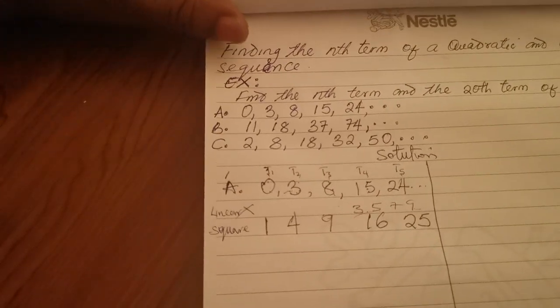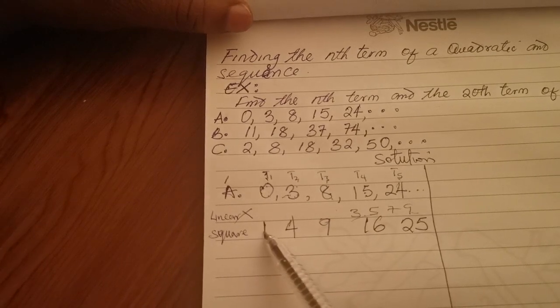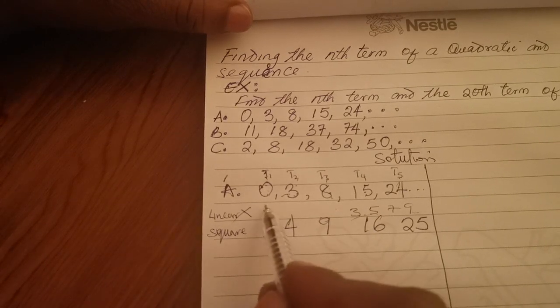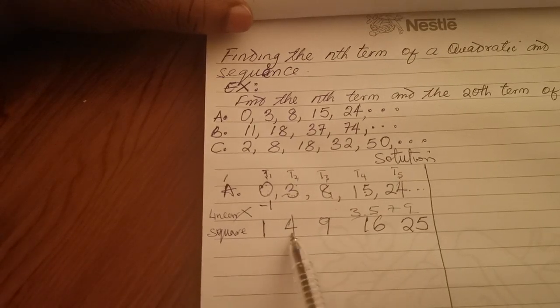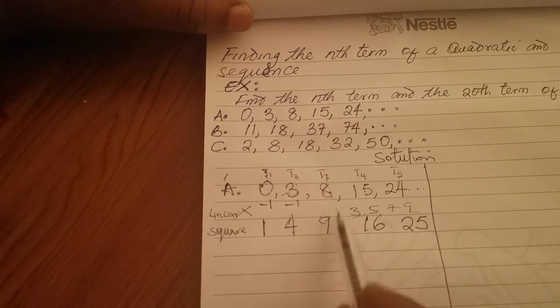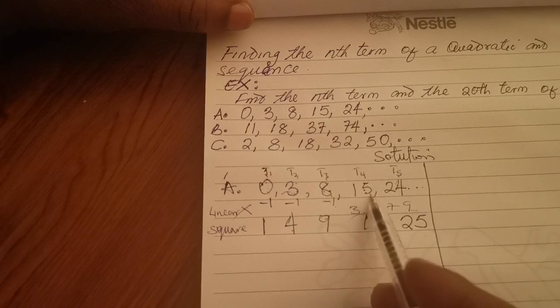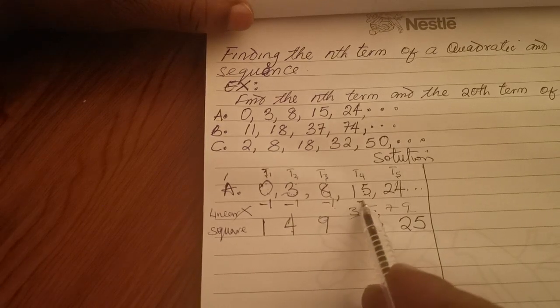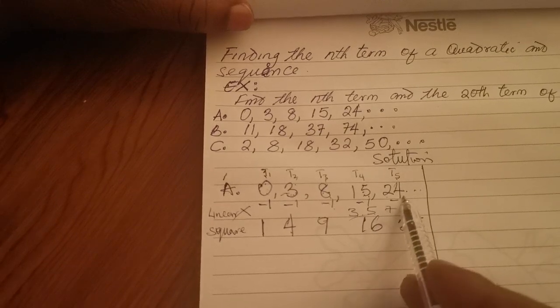Now when you look at this, compare two of them. 0 minus 1 is minus 1. 3 minus 4 is minus 1. 8 minus 9 is minus 1. 15 minus 16 is minus 1. 24 minus 25 is minus 1.